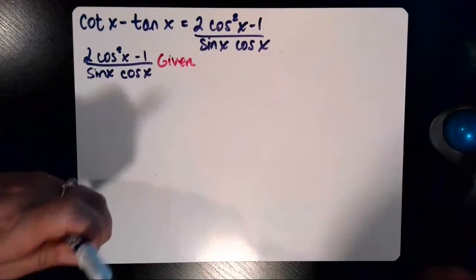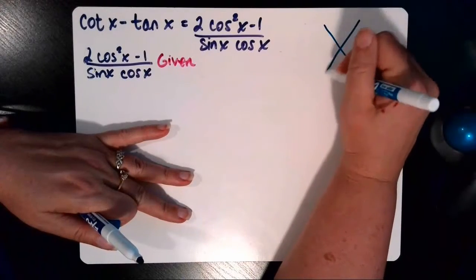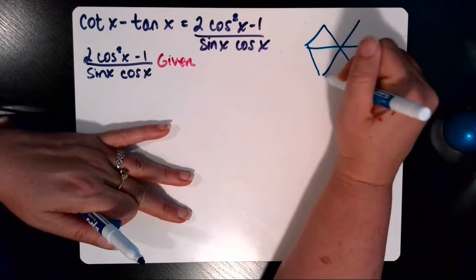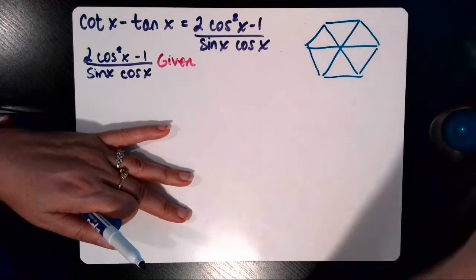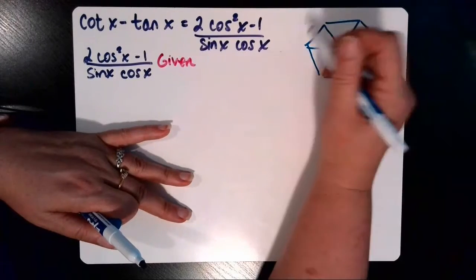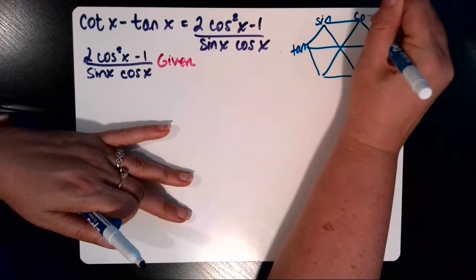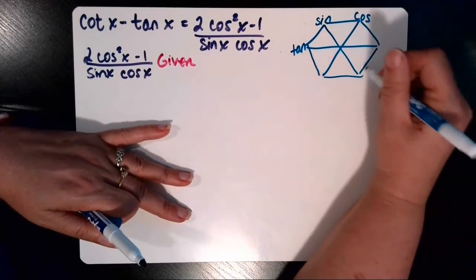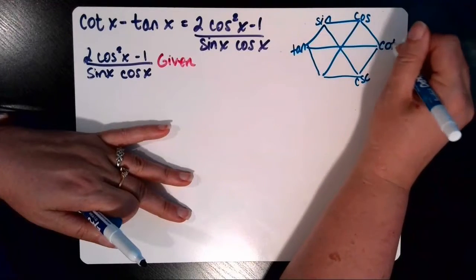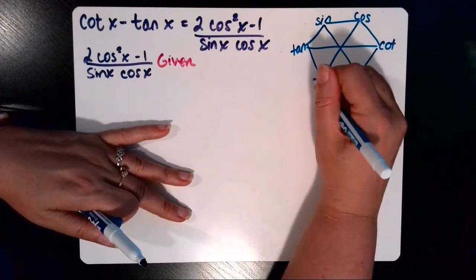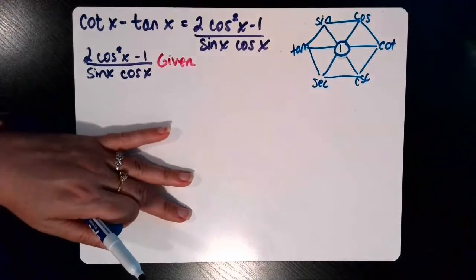So the first thing that I'm going to remember is my trig identity hexagon so that I can recall those fundamental trig identities that are super useful. So tangent goes on the left, that's sine divided by cosine, and then the reciprocals, reciprocal of sine is cosecant, reciprocal of tangent is cotangent, reciprocal of cosine is secant, and we put a 1 in the center.